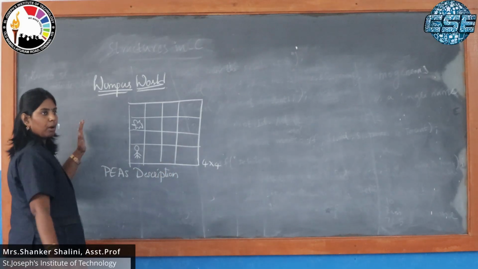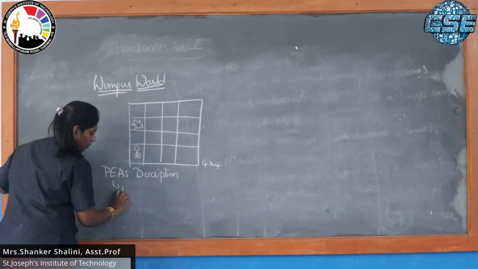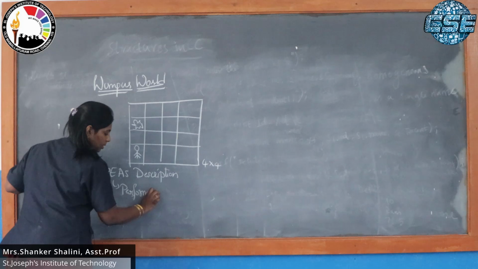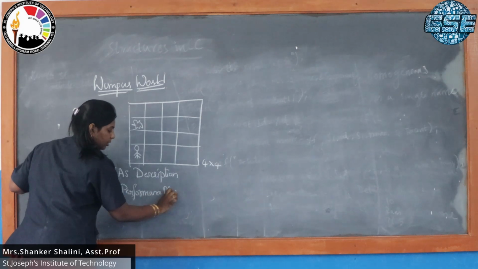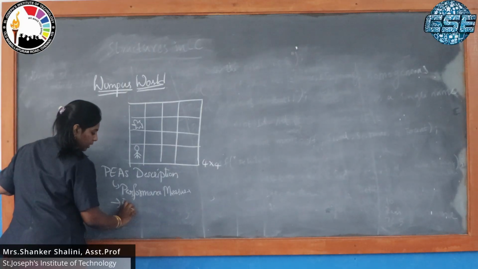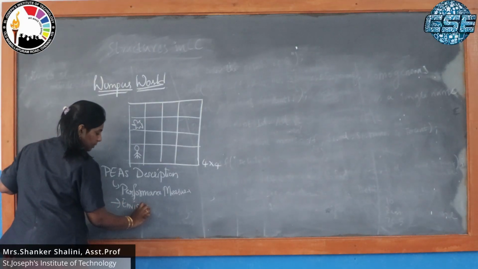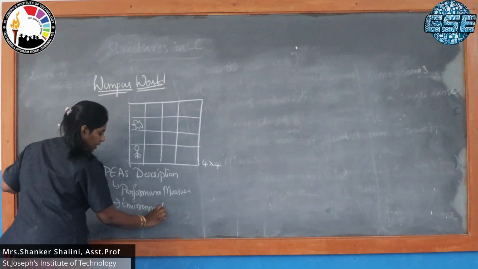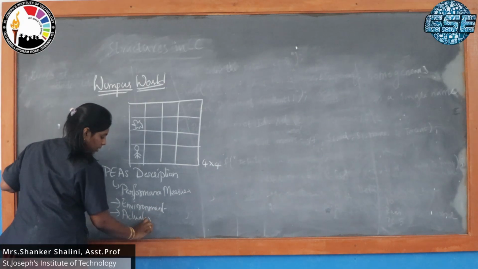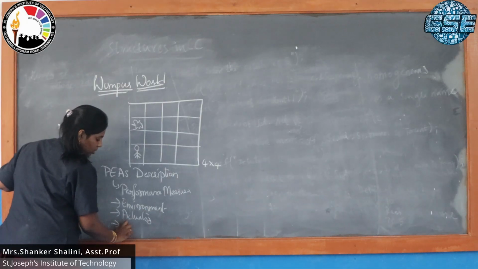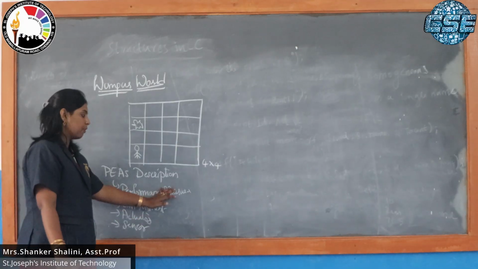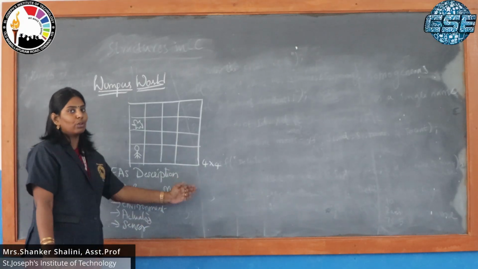For the problem, what is the performance measure, what is the environment we are working on, what is the actuator, and what are the sensors we are using to reach the goal. So these are all four things we have to describe to reach the goal.